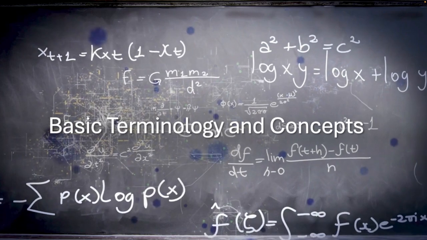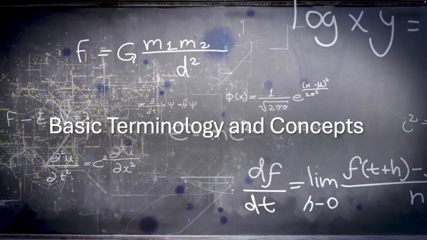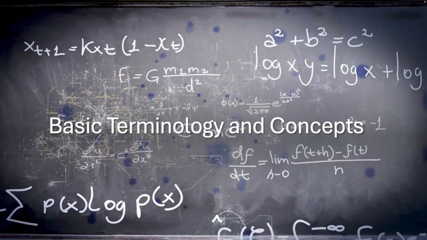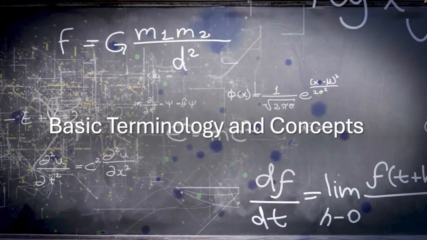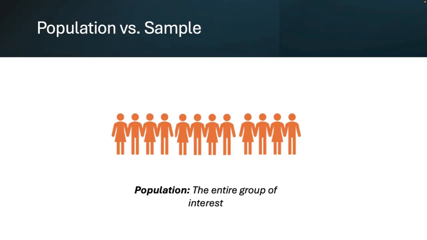Then descriptive and inferential statistics is something we will cover. This will help us to distinguish between summarizing data and making predictions. By the end of this lesson, you'll have a solid foundation in key statistical concepts. Let's get started. First, let's talk about populations and samples, which are the most fundamental to all statistical studies.